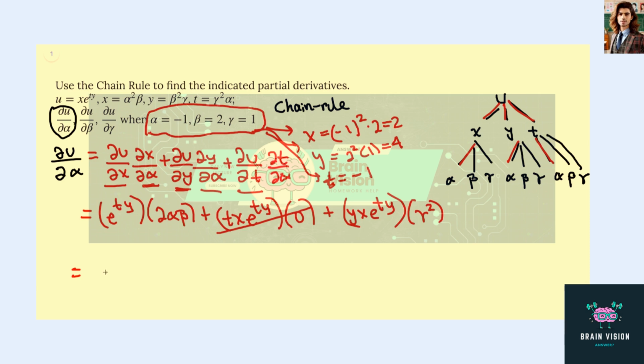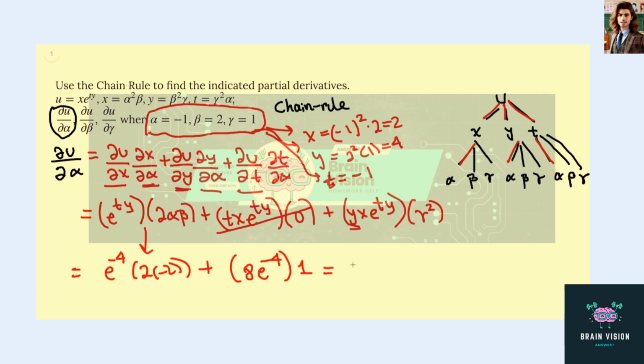Okay, so plugging this all in, e to the ty, so that's e to the -4, and then 2 alpha times beta, that's -2. And then we have y times x, so that's 8, and then e to the ty, and then gamma squared, so that's just 1 squared, so it's just 1.